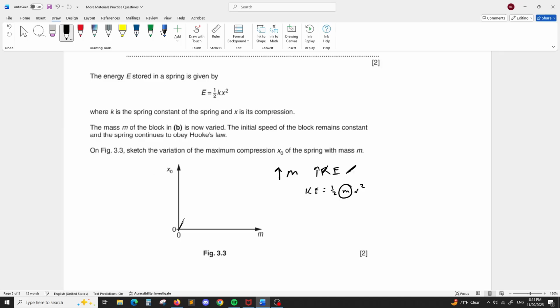So let's start it this way. But then remember what springs do, right? Eventually springs cannot compress anymore. So eventually they'll just reach the bottom like that.